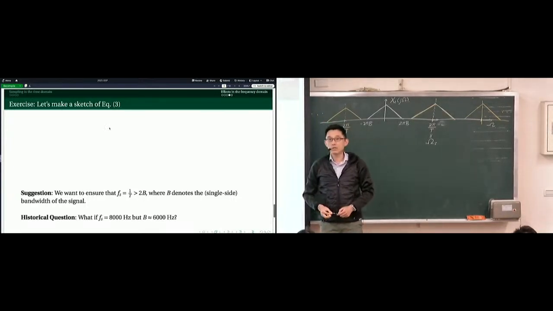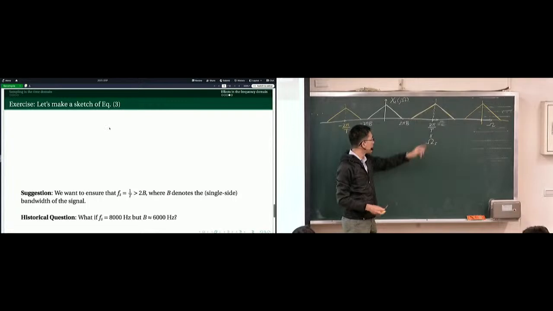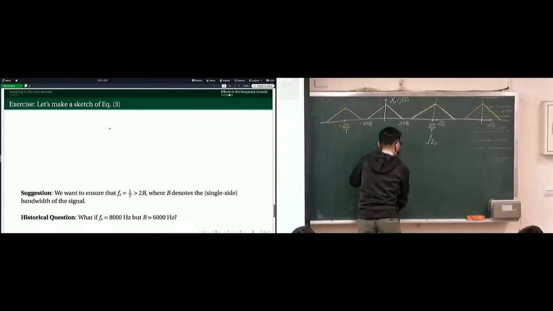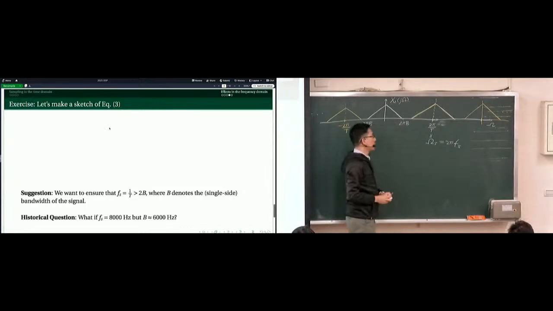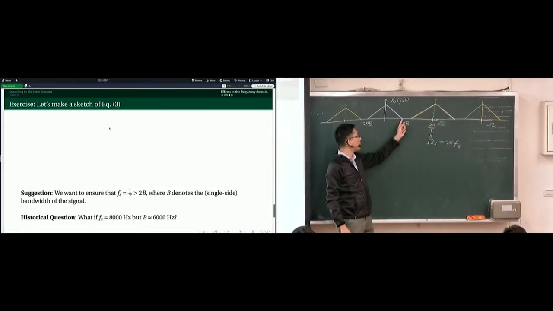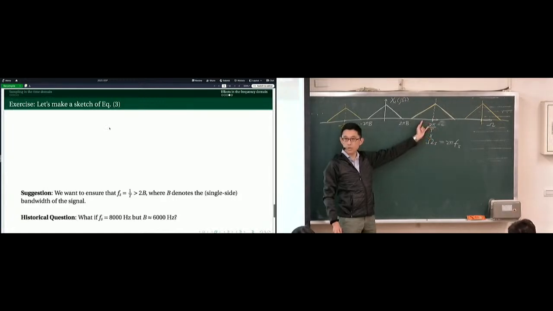So that's the result. In this case, we have a spectrum where the bandwidth is 2 pi b, and the sampling rate is 2 pi times the sampling rate. Basically, this is the sampling rate. In this case, we are good. Why?